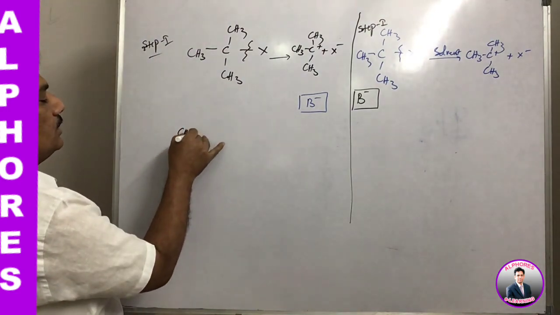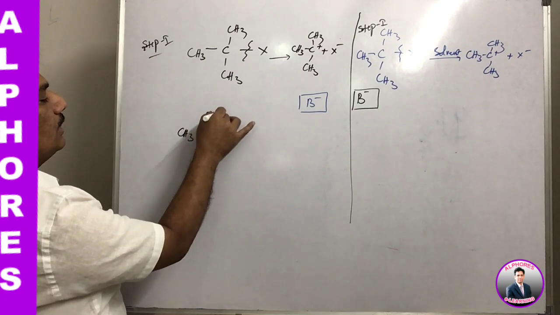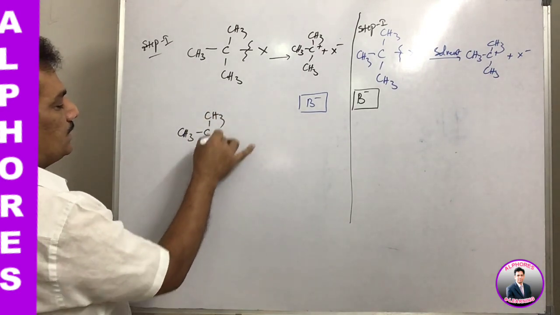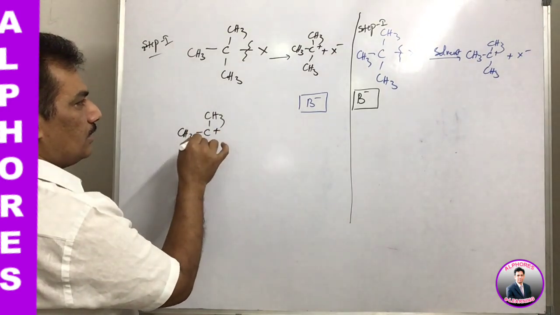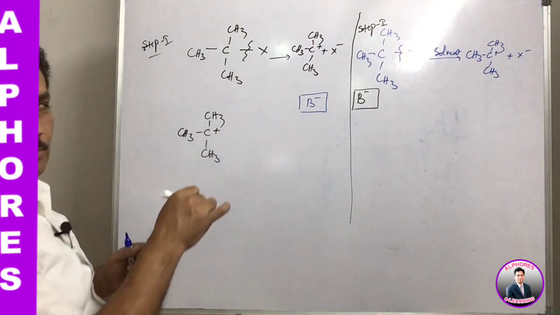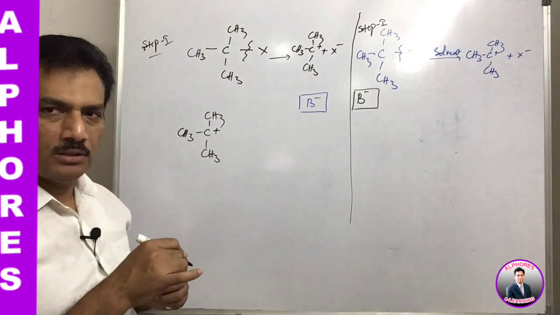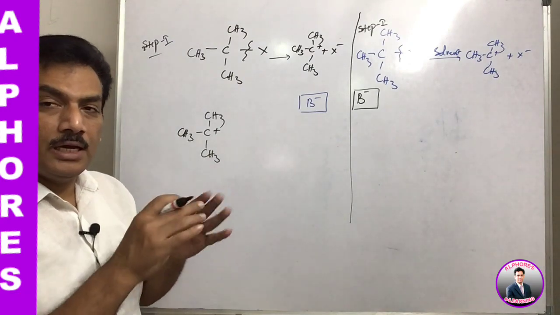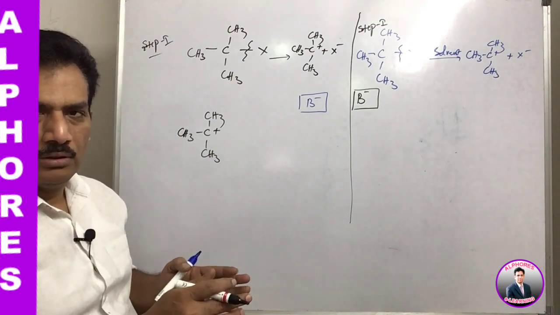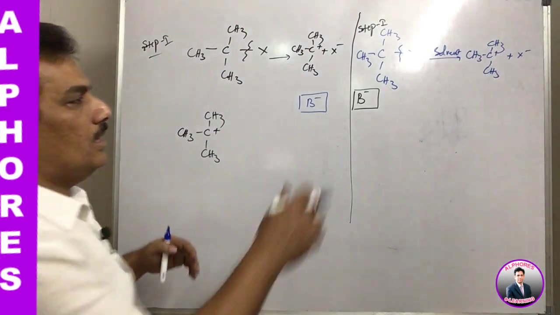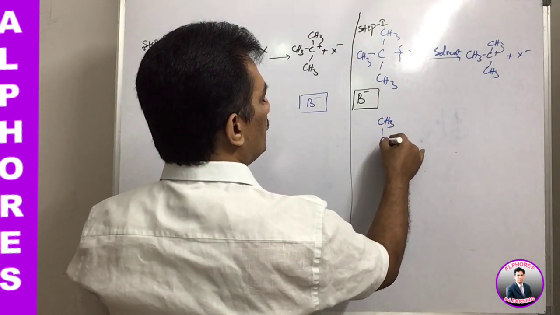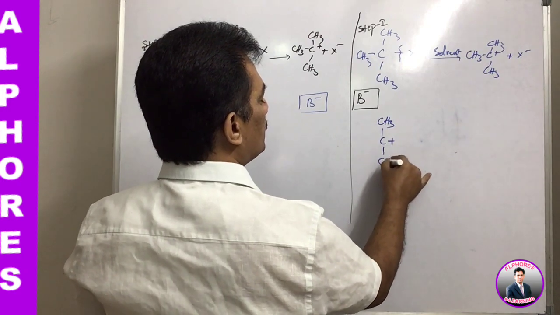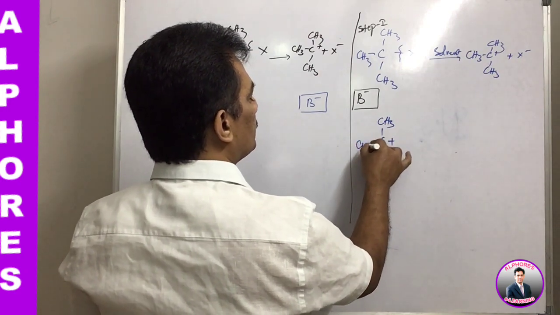It is CH3, CH3, CH3 plus. It is not the final product, just a reaction intermediate. Clear? Carbocation.